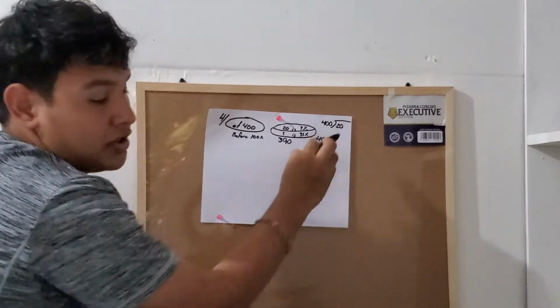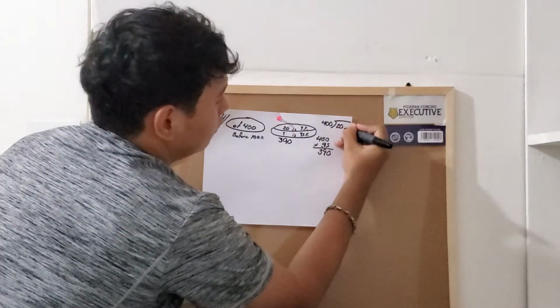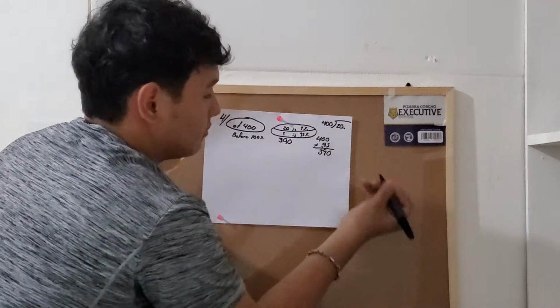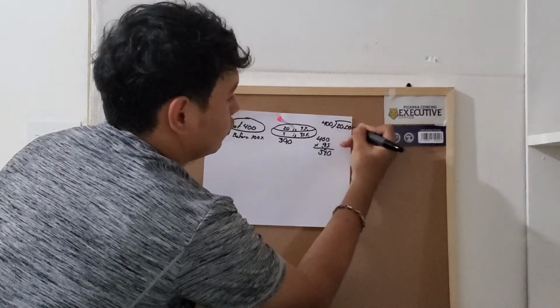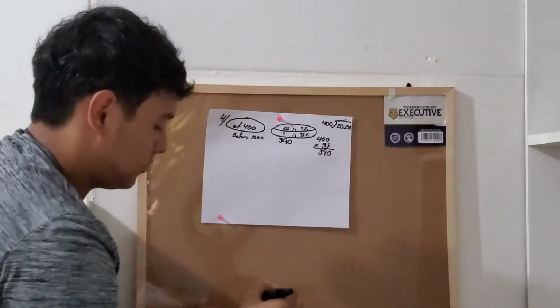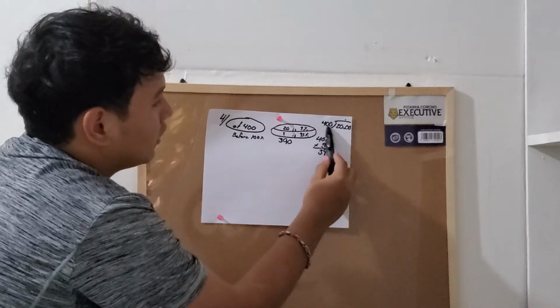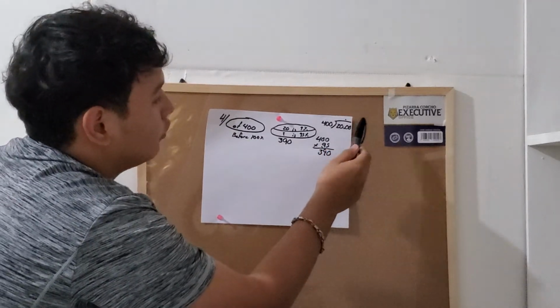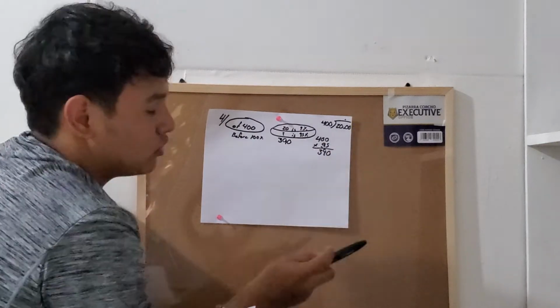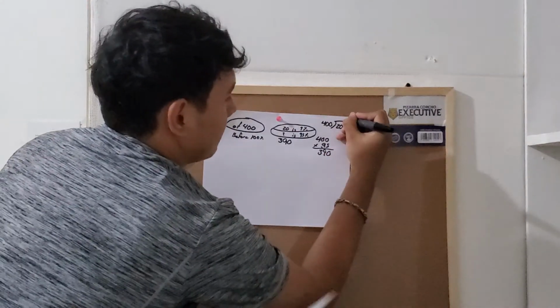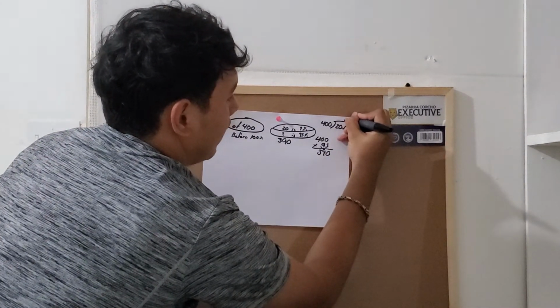400 cannot fit in 20, so we add a decimal and add two zeros, and put the decimal point up. 400 cannot fit in 200, so we move to another zero, and it's 2,000, so it's 0.05.